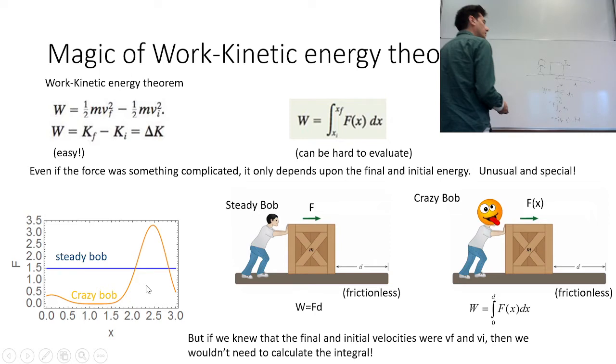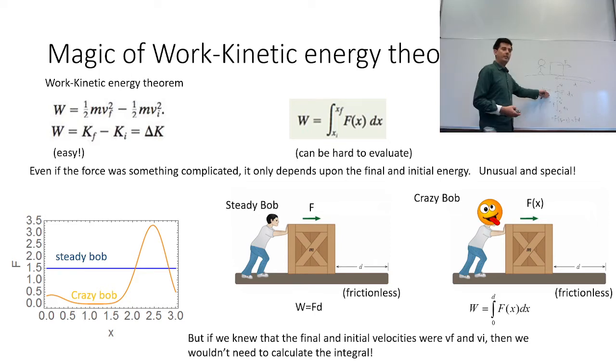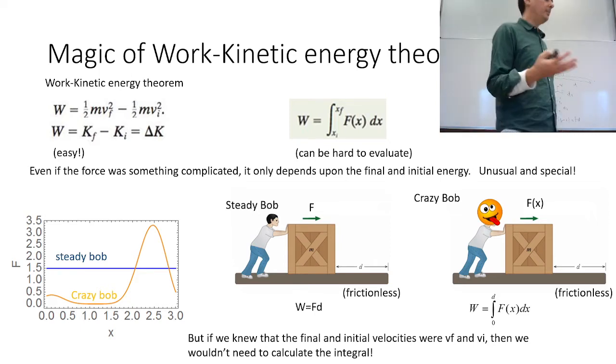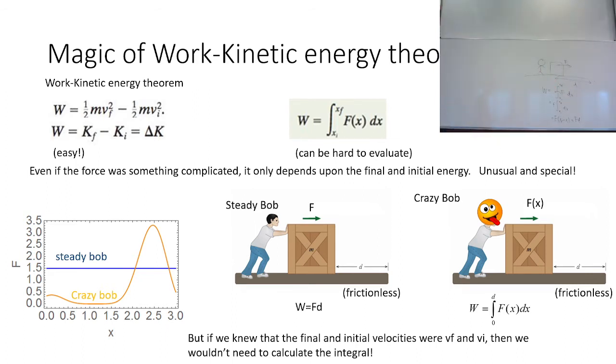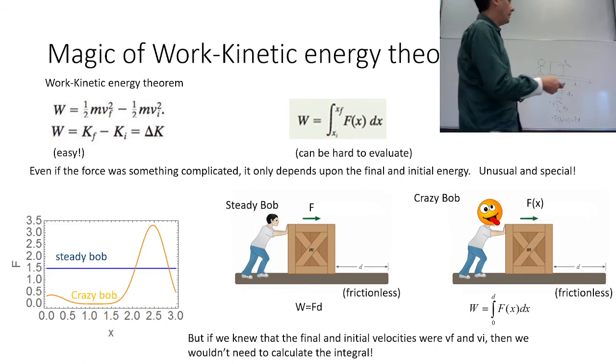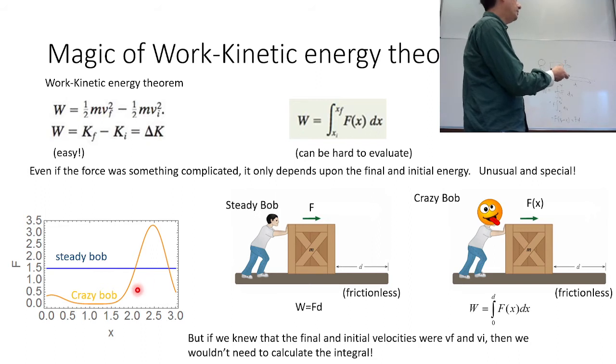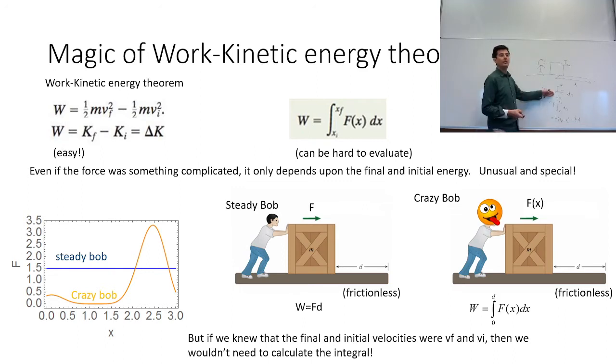So in principle, if you're given just the force, the work might be pretty hard to calculate. But say you also knew the initial and final velocities, for example that the initial velocity was vi and the final velocity was vf. Then what the work-kinetic energy theorem says is that you don't have to calculate work using this complicated formula.